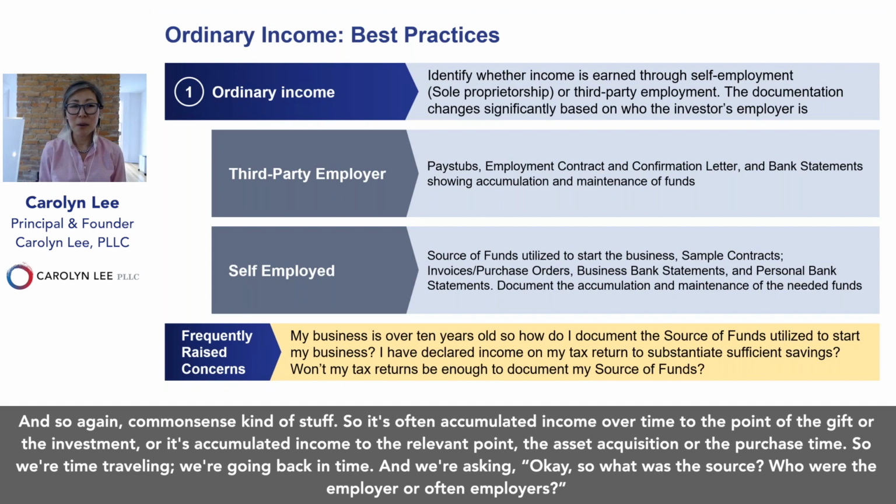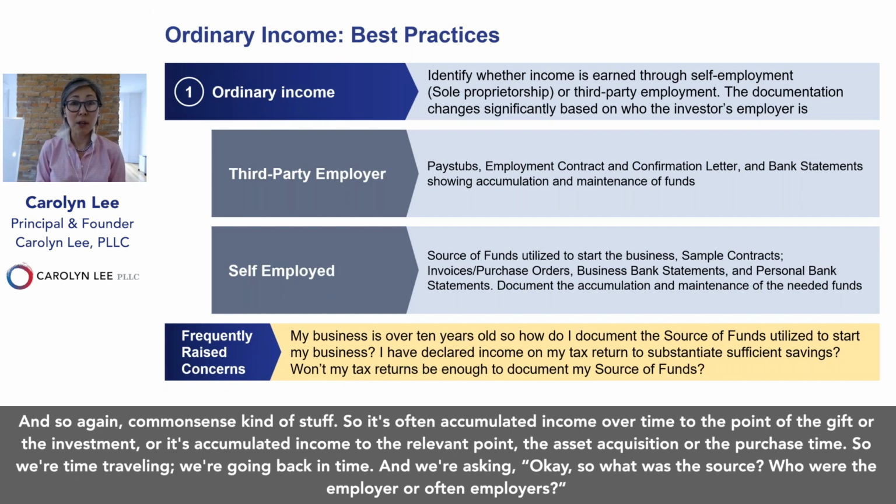Yeah, so again, common sense kind of stuff. It's often accumulated income over time to the point of the gift or the investment, or accumulated income to the relevant point, the asset acquisition or purchase time. So we're time traveling, going back in time, and asking, what was the source?